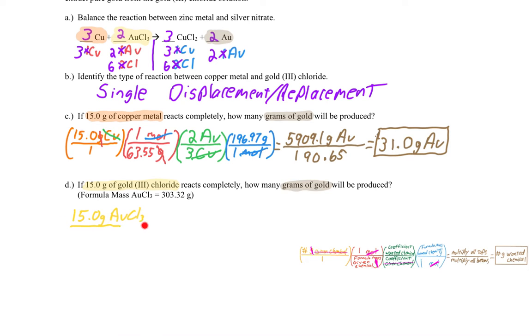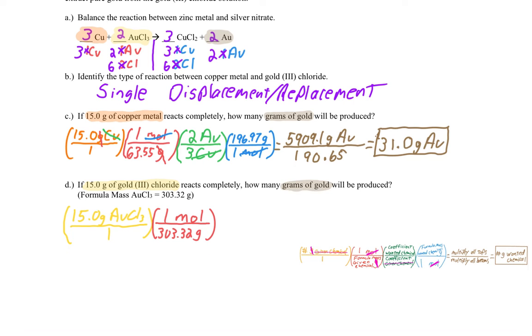So I take my grams of AuCl3, I put it over a 1, I get a top and a bottom. First thing, change grams to moles. 1 mole on top is the formula mass in grams. My formula mass of AuCl3 is given to me right here in the question. It is 303.32 grams.